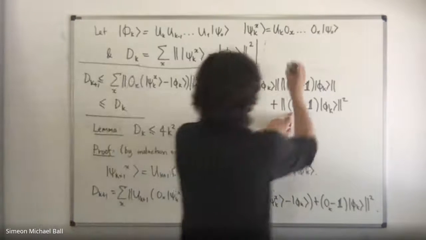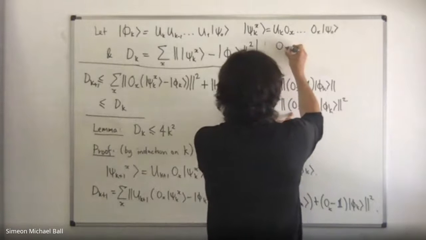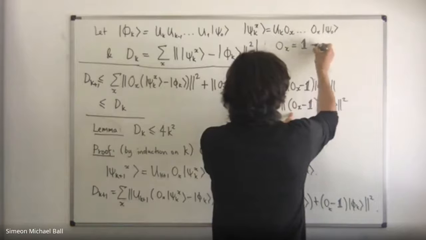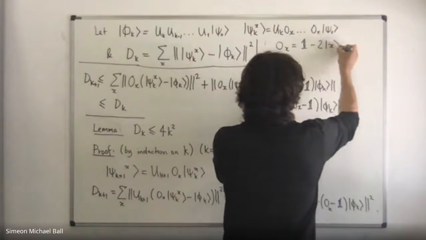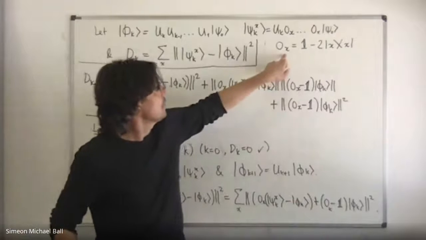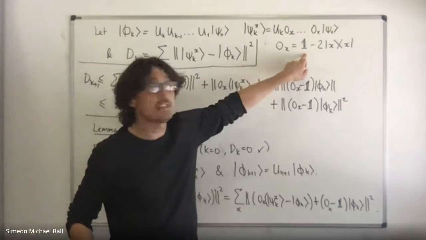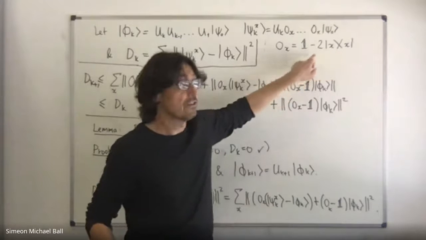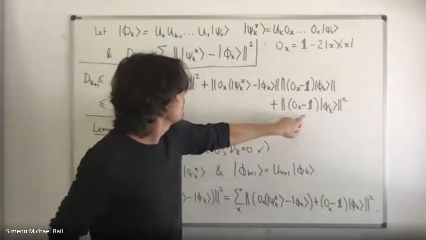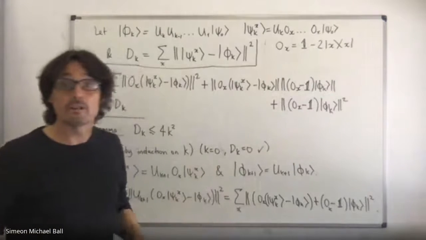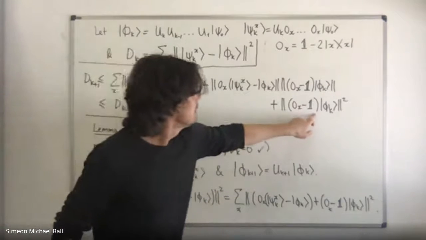This Ox minus 1, well, Ox is precisely the identity minus twice x. Because what the oracle does is it doesn't change things unless you're x, and flips the sign of the x. So this is the oracle x. This Ox minus 1 is basically just twice the ket k bra of x.